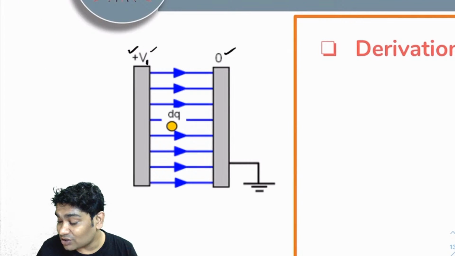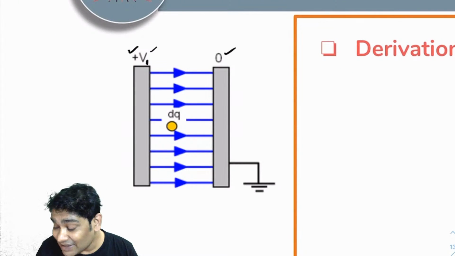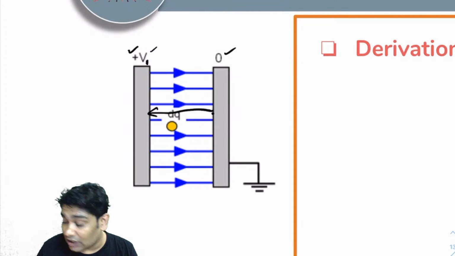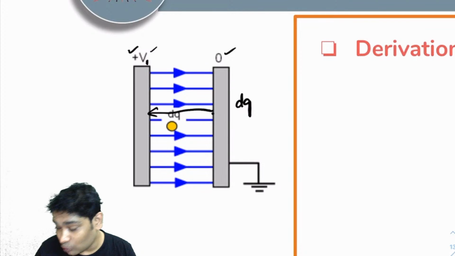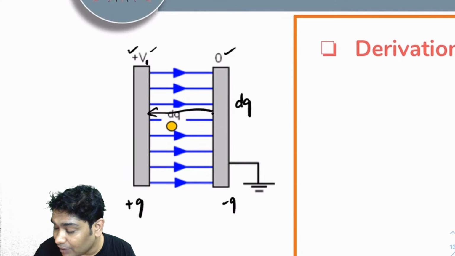All right. So consider this. At this time, if I consider that the potential difference is V1, essentially what I'm doing is transferring charges from this plate to this plate, right? When I want to transfer an additional dq charge, imagine if this already has a minus q charge, this already has a plus q charge. Now I'm taking an additional dq charge from here to here.